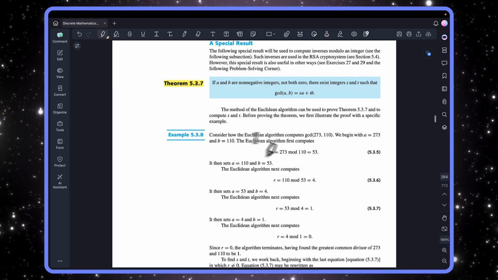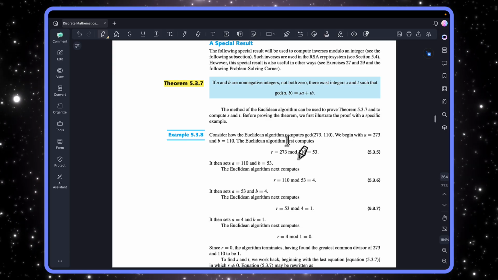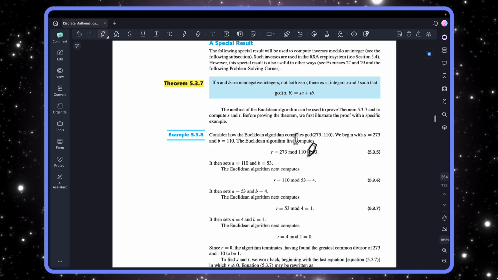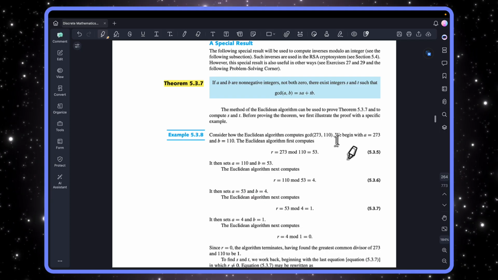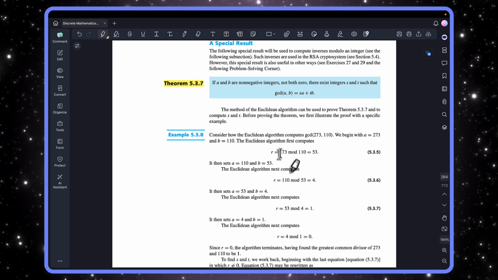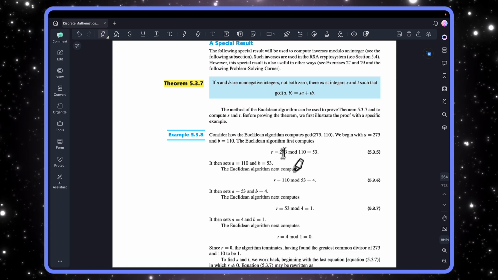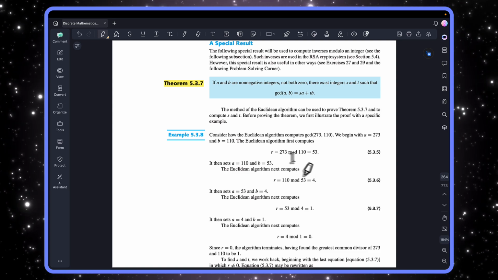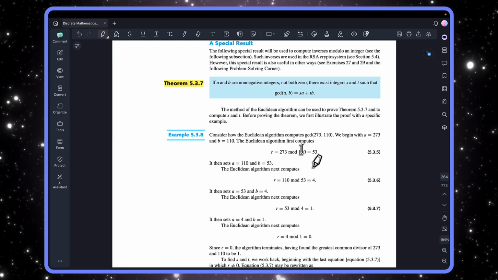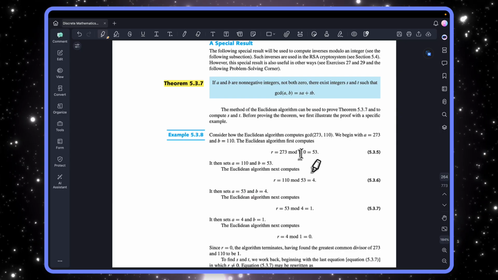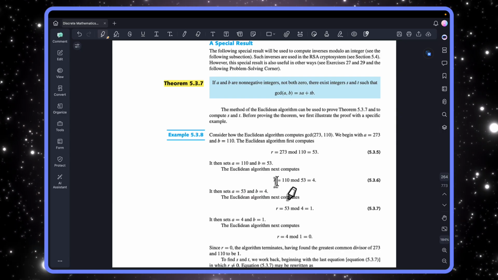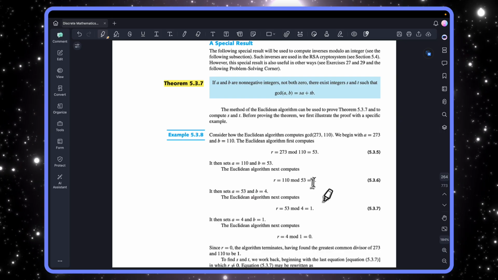Consider how the Euclidean algorithm computes the greatest common divisor of these two numbers. We begin with a is 273, and the remainder r: 273 mod 110 is 53. So we take 110 and 53, and calculate 110 mod 53, which is 4.